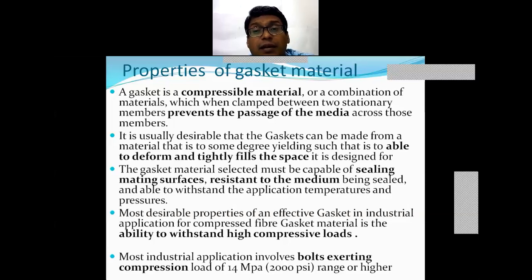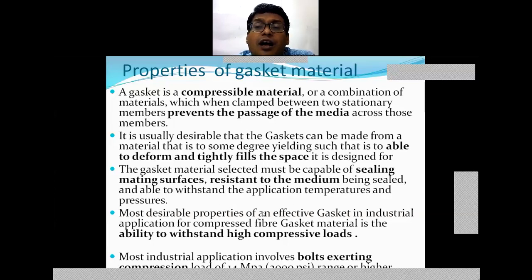It can be a single material, or it can be a combination of different materials, which when clamped between two stationary members prevent the passage of media across these members. It is usually desirable that the gasket be made from a material that is to some degree yielding, such that it is able to deform and tightly fill the space it is designed for.